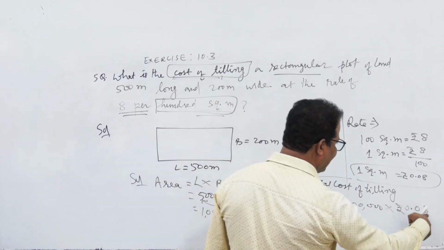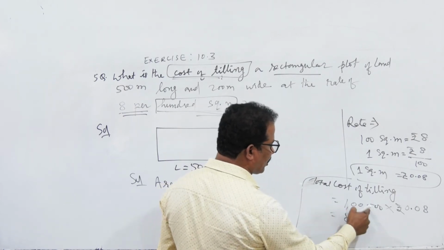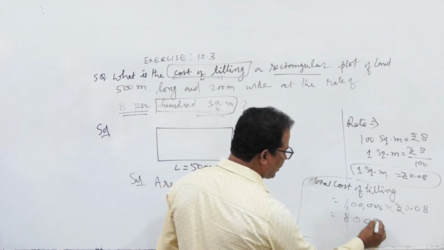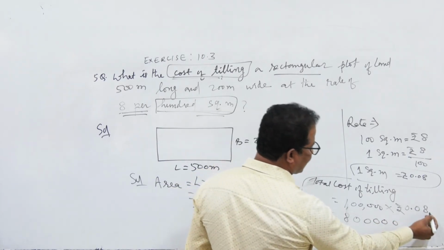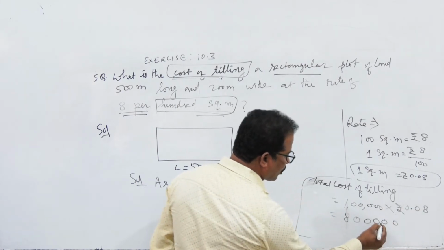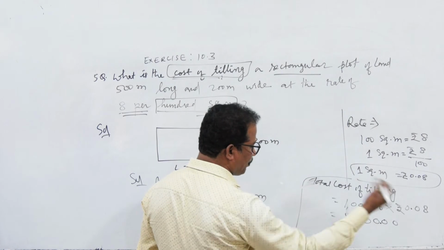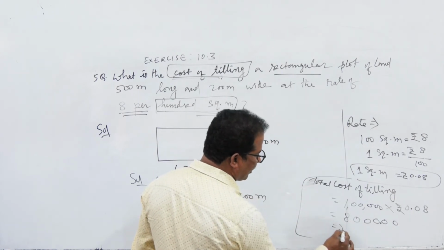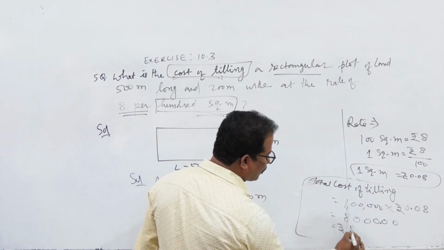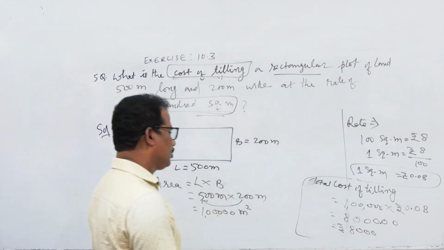Now if you multiply 8 with this one, 8 ones are 8, and how many zeros are there? 1 2 3 4 5. And the decimal you can see here, 2 places from right to left, 1 2. So here also the decimal will come here. That means after the decimal only zeros are there, so we may omit them and write. So what is the total cost we got here? 8,000 rupees. Because 8,000.00 is equal to 8,000 rupees.